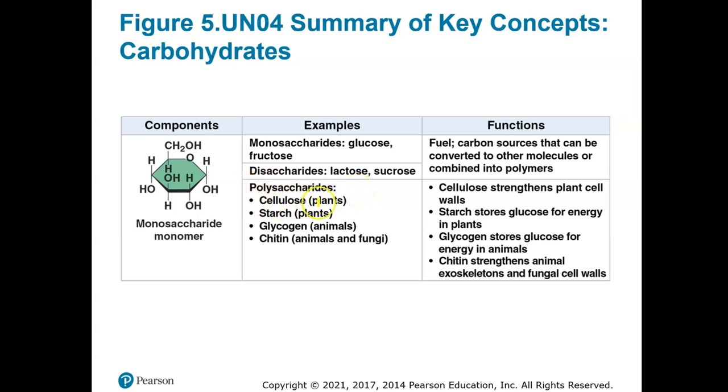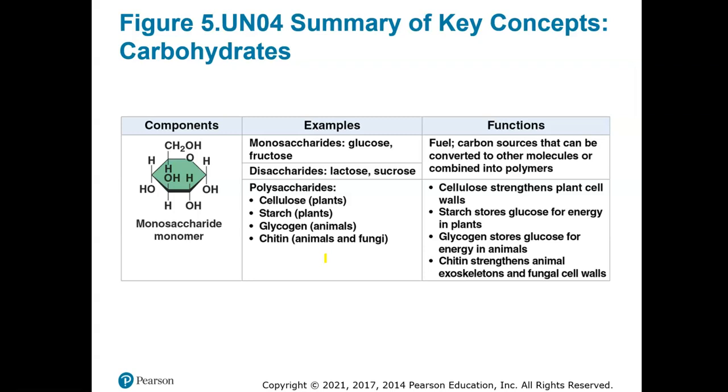And our examples are cellulose in plant cell walls. Starch and glycogen are the storage form of glucose in plants and animals. And then chitin is found in the cell walls of fungi and also in the exoskeletons of insects. And one that I told you about that isn't in the notes is called peptidoglycan.